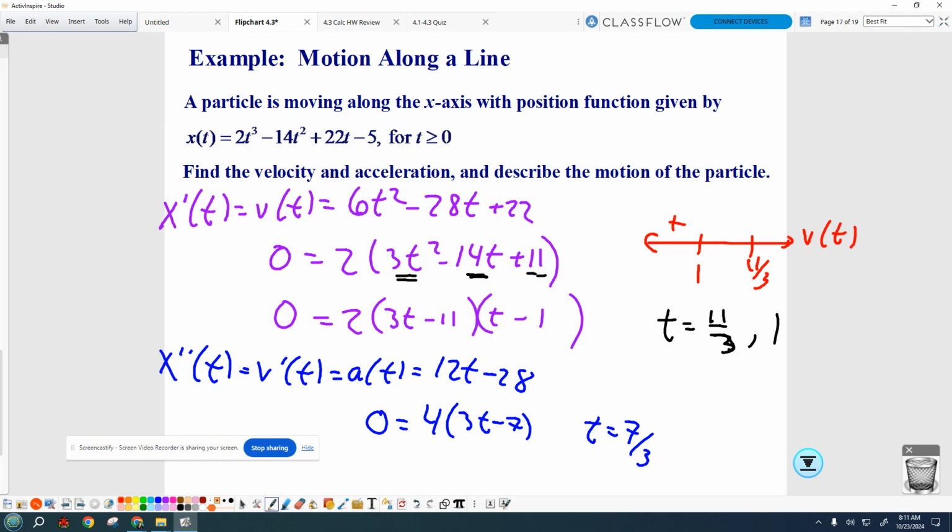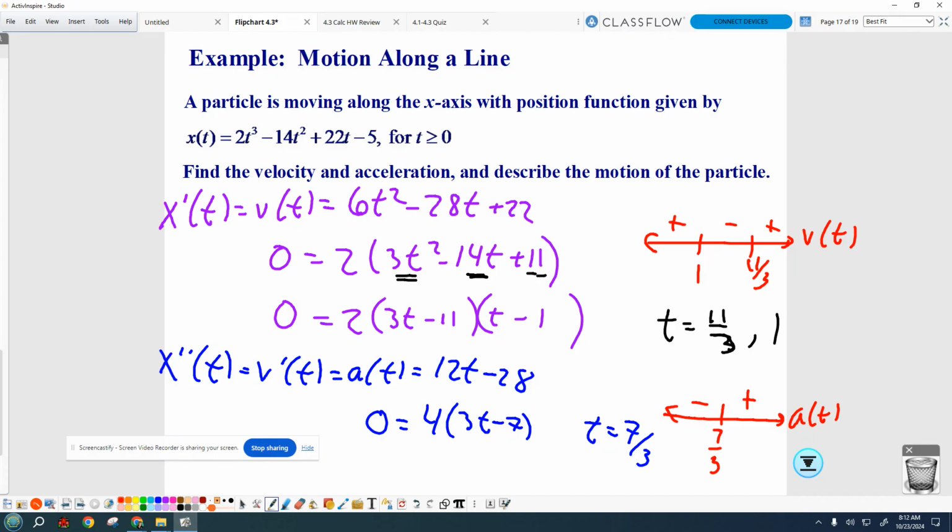So at 2, is it positive or negative? Negative. And then positive. Okay. Down here, acceleration. Negative and then positive. So what's the particle doing?